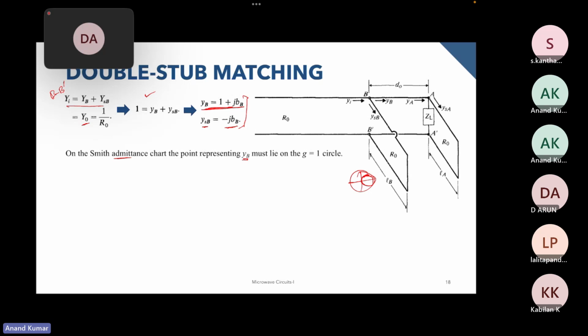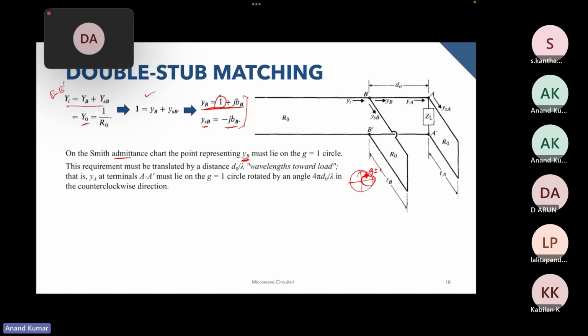This circle is G equal to 1, and this implies the real part of YB is equal to 1. So this YB will lie on the G equal to 1 circle, and this requirement must be translated by the distance d naught by lambda wavelengths towards the load.